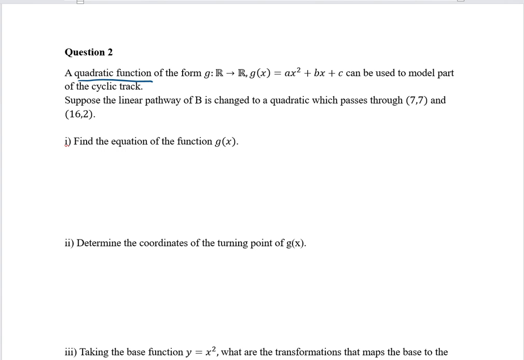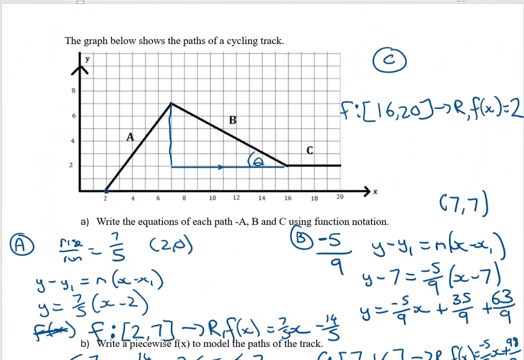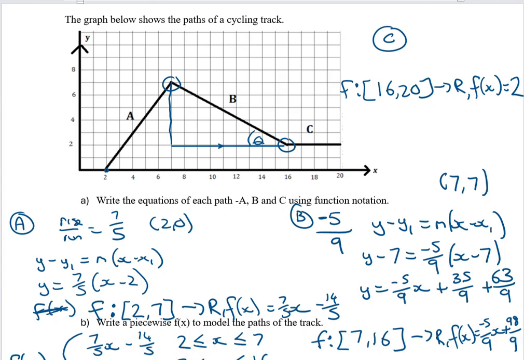It can be used to model part of our track. Suppose the linear pathway of B is changed to a quadratic, which passes through 7, 7, and 16, 2. So if we've forgotten, those 2 points are these joining points. I wrote it down so you didn't have to go back to the graph to look at it.